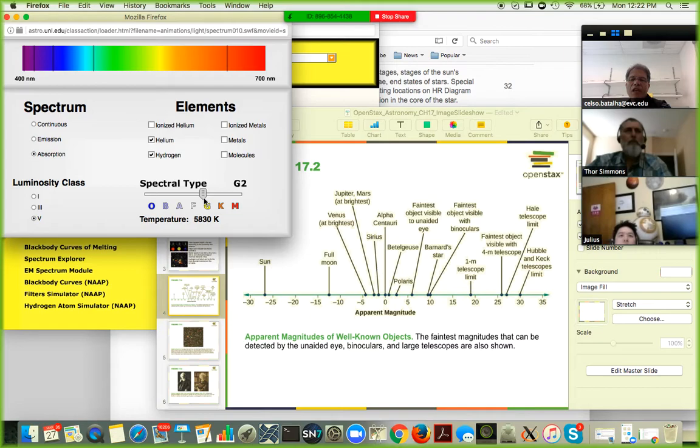Now, if I change this slide bar to a hot star, see that? See those lines appearing there? Those are helium lines. And if the star is very hot, like an O star, you do not find signatures of hydrogen anymore, although there is hydrogen in there.